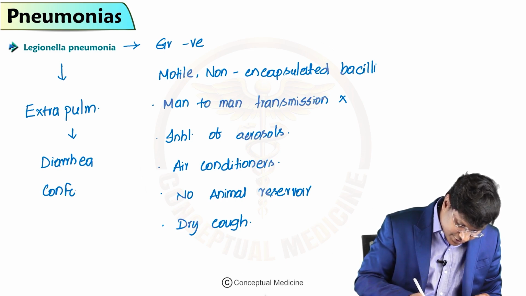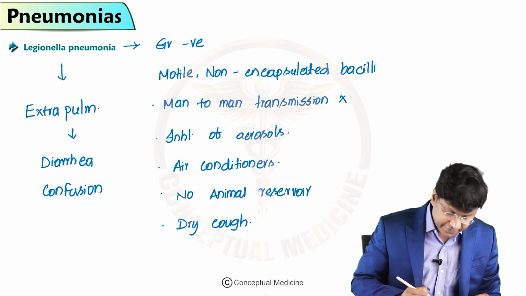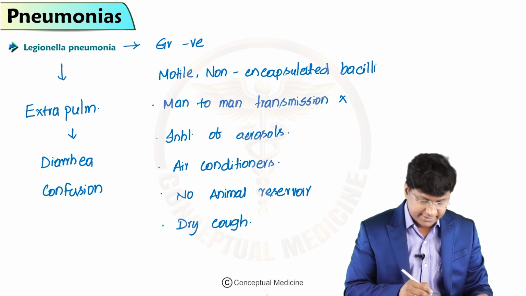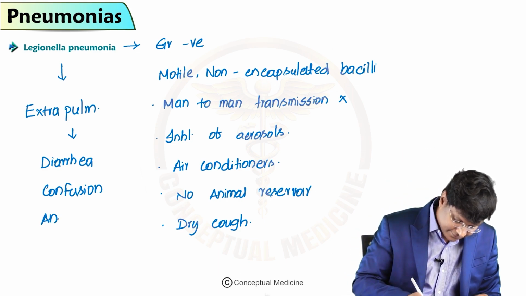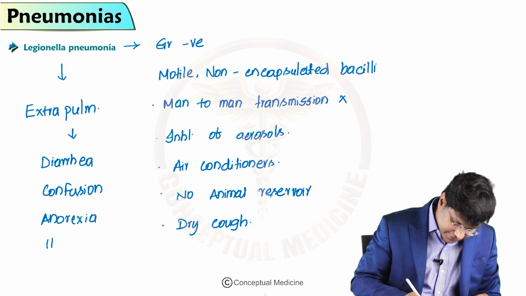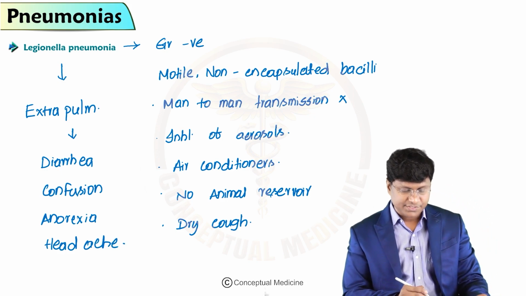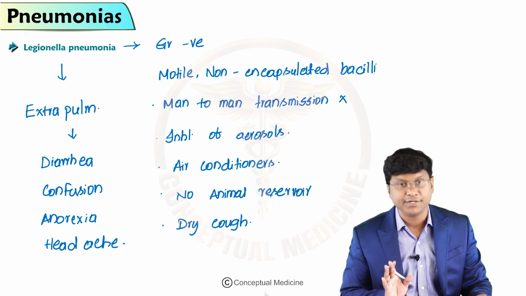The CNS manifestation will be there, that will be in the form of confusion. Then anorexia and headache. These are the extrapulmonary manifestations that you will have in Legionella pneumonia.